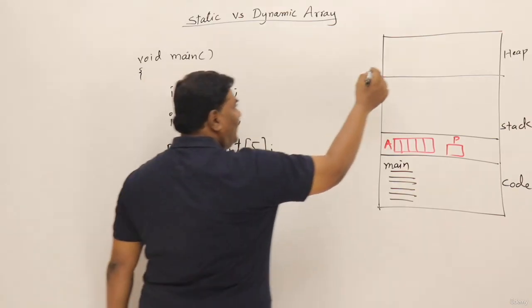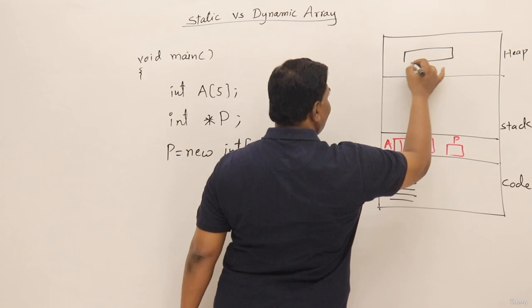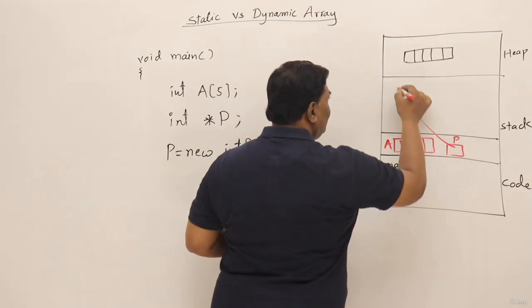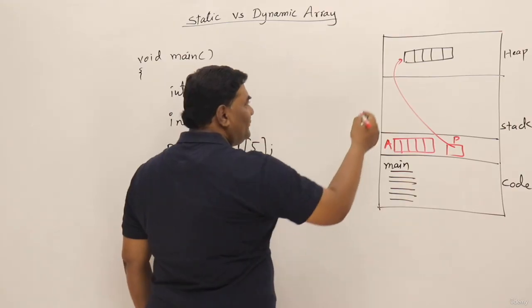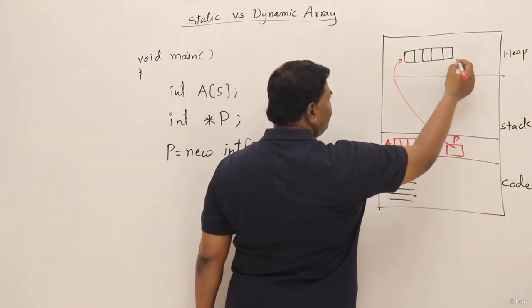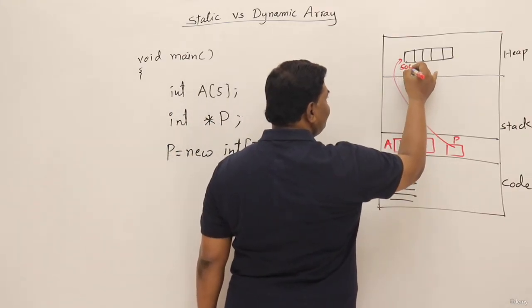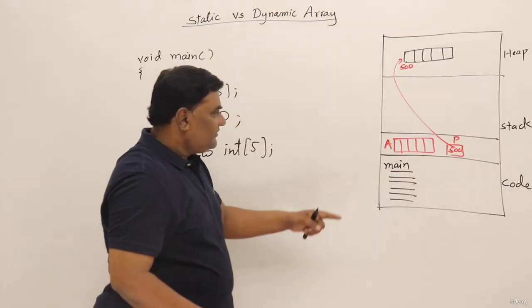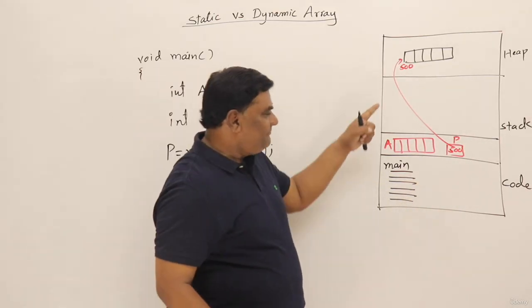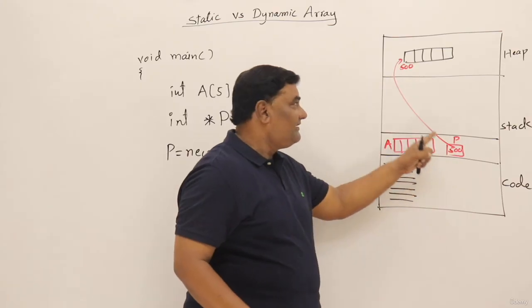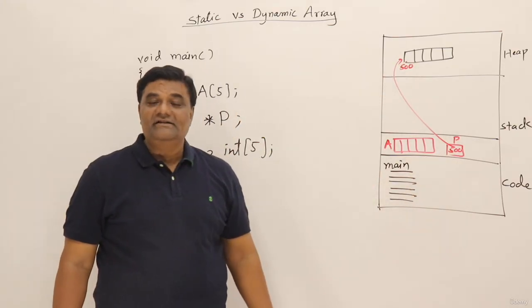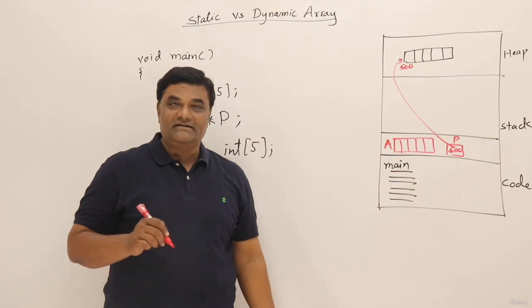Then the memory for 5 integers will be created inside heap, and this pointer P will be pointing to that address. Suppose the beginning address of this contiguous memory is 500, assume that, then 500 will be stored in this pointer. So now the program can access that heap by coming to the pointer and taking the address, and it can go there and access it. So heap memory cannot be accessed directly, it has to be accessed indirectly.